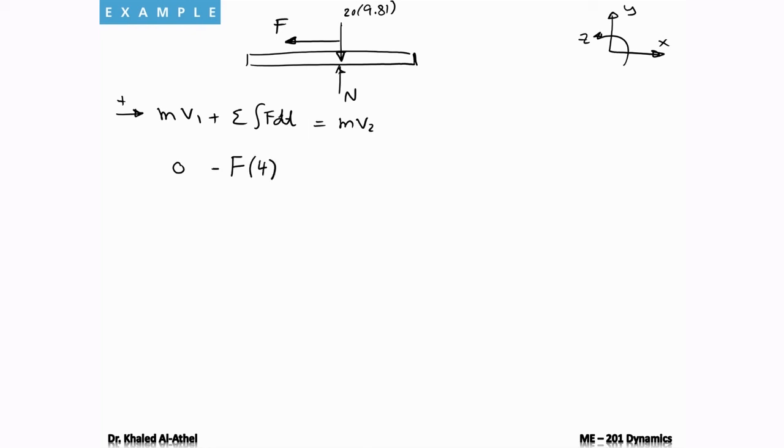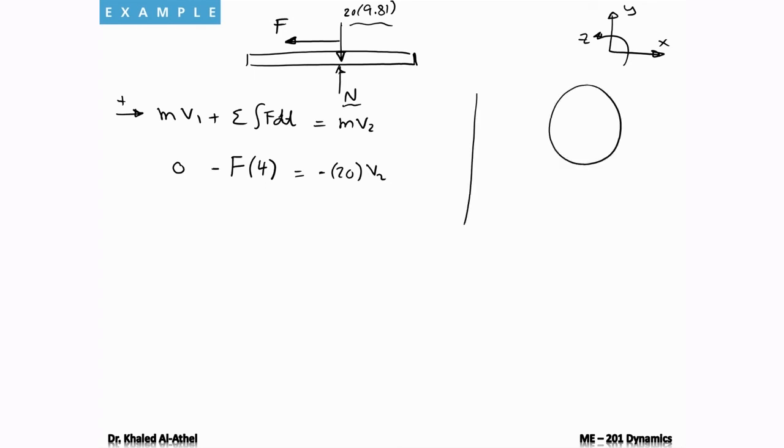Now, the weight and the normal force are acting vertically, so they do not give me any impulses in the horizontal direction. And this should equal, I know the object is going to move to the left, so it's going to be negative, minus 20 V2.